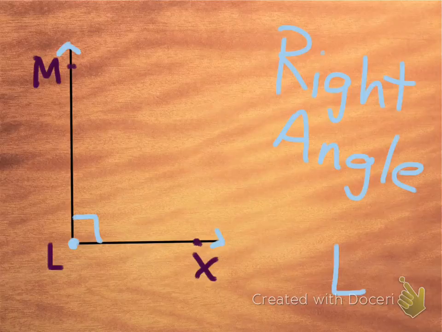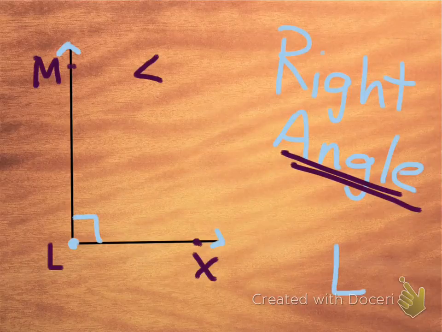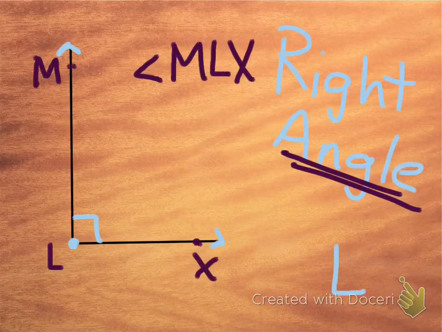Now when I'm writing the name for an angle, I can use this symbol. It's like a sideways arrow type thing. I can use that symbol to replace the word angle, so I don't always have to write angle. I use this kind of like greater than, less than symbol, and I'm going to write MLX. That's how I can refer to this angle.